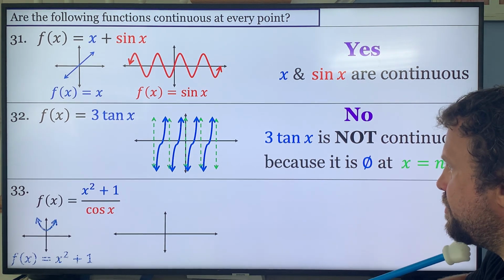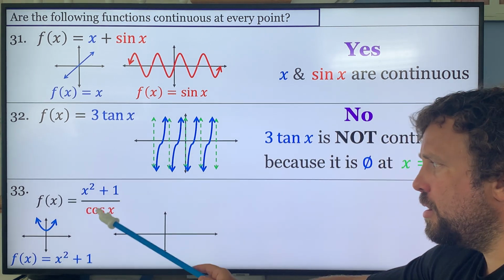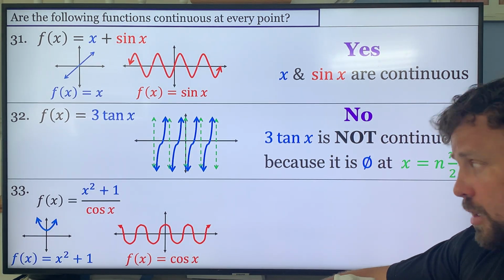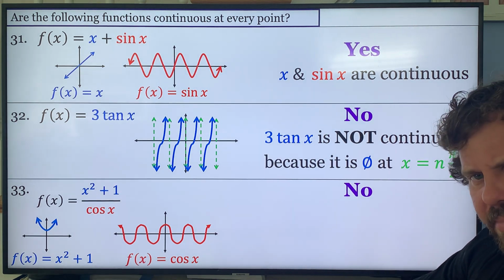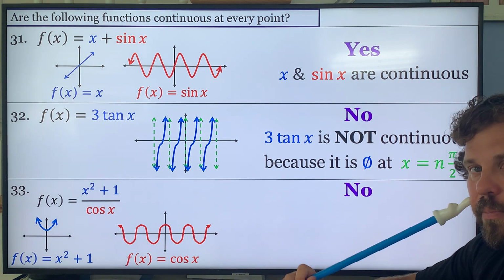This is a tough one. Well, x squared plus 1, continuous at every point, good. Cosine x, continuous at every point. So the answer should be no. Wait, that doesn't follow the rule, does it? But actually it does. Why is the answer no?